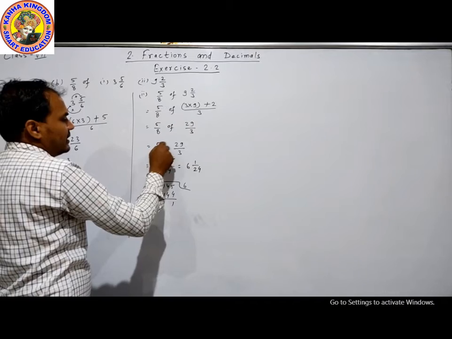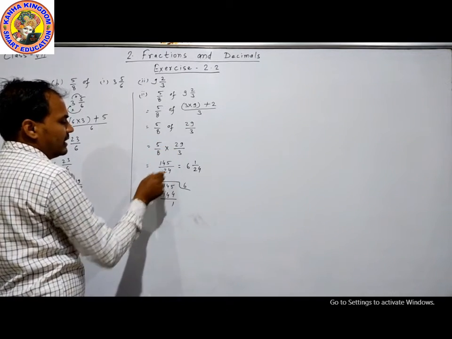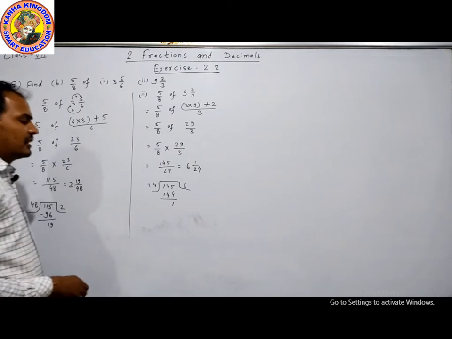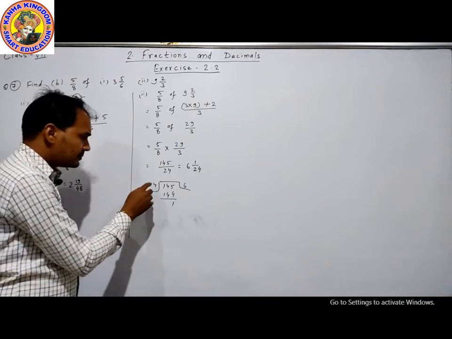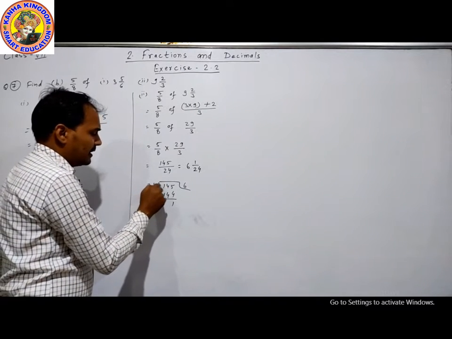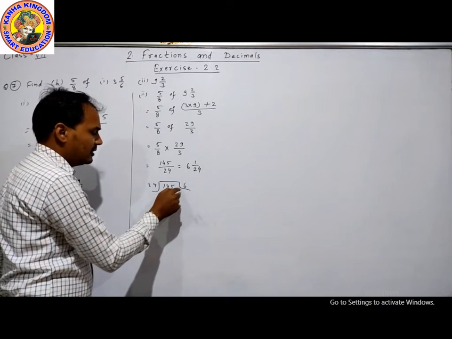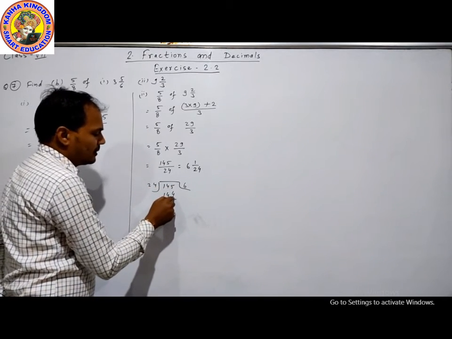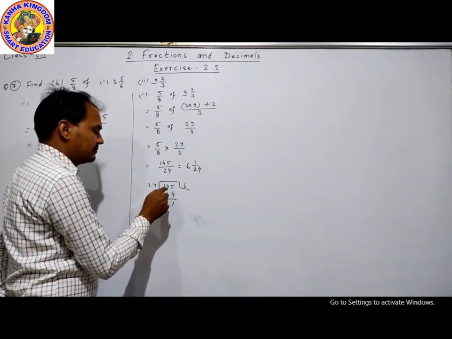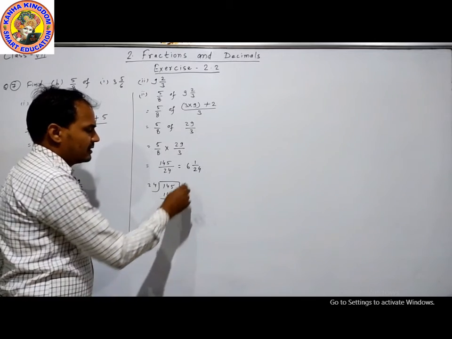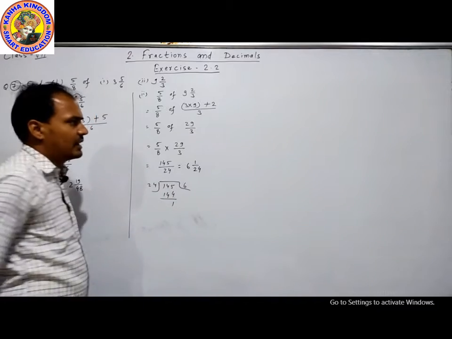When we multiply numerator and denominator separately, we can convert this number into a mixed fraction number. 24 will divide 145 6 times, 6 into 24, 6 into 4 is 24, 6 into 2 is 12, 12 plus 2 is 14, remainder is 1. We get 6 times divide, remainder is 1, divisor is 24.